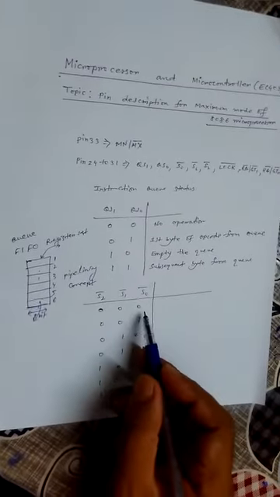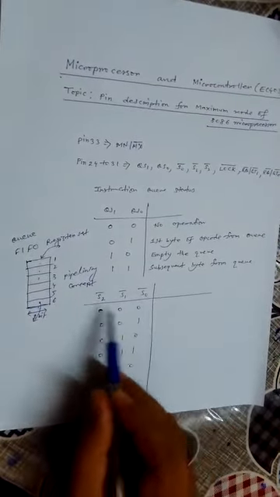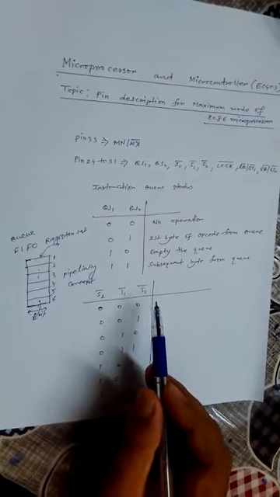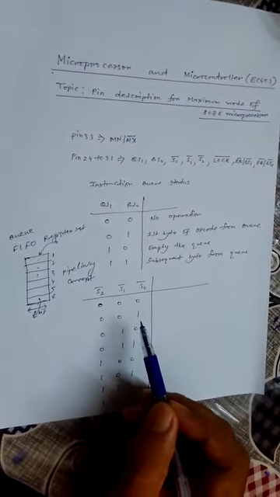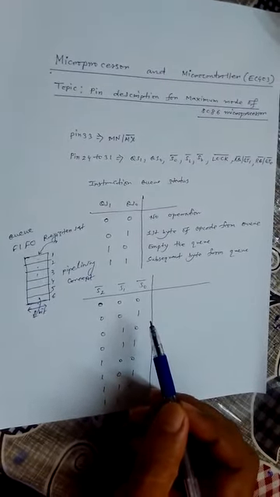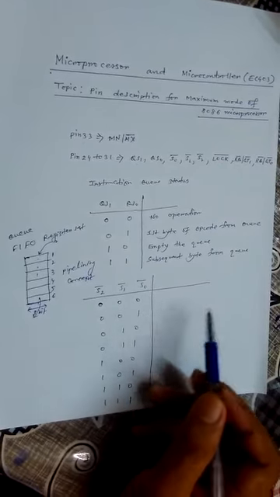For these, all are status signals. These signals are connected to the bus controller Intel 8288.